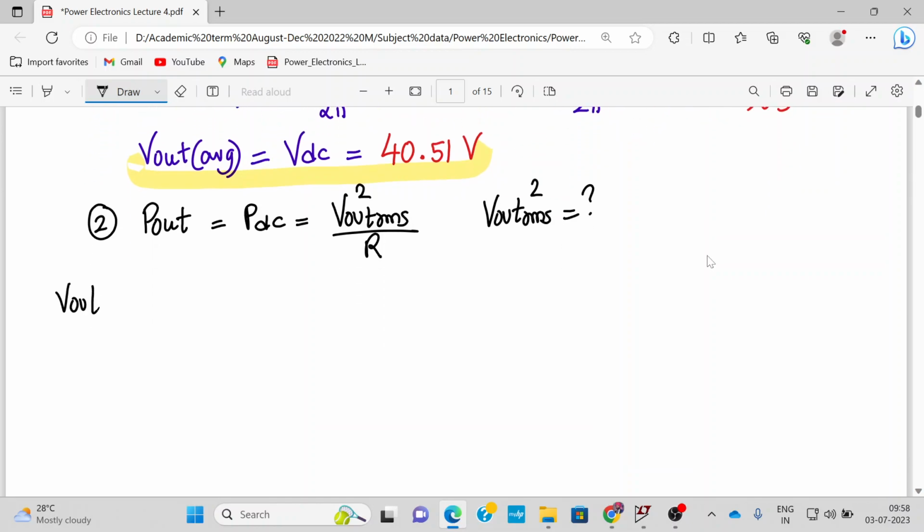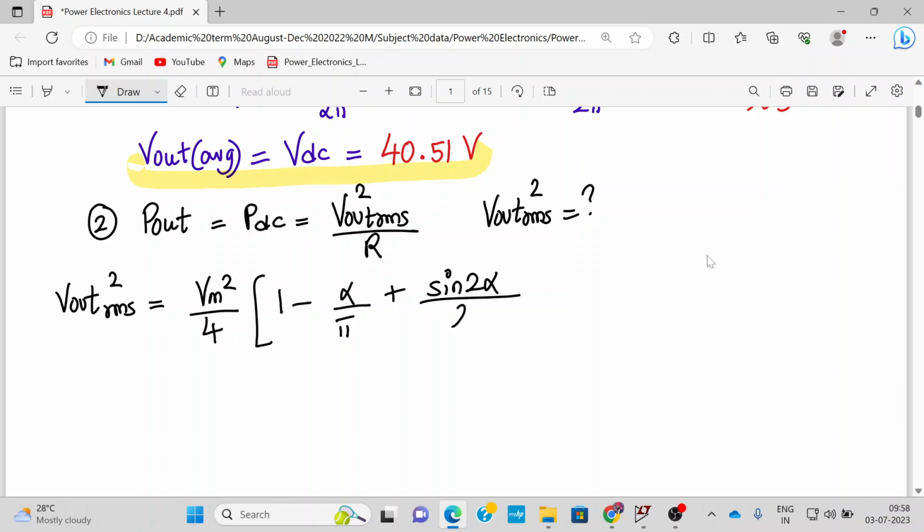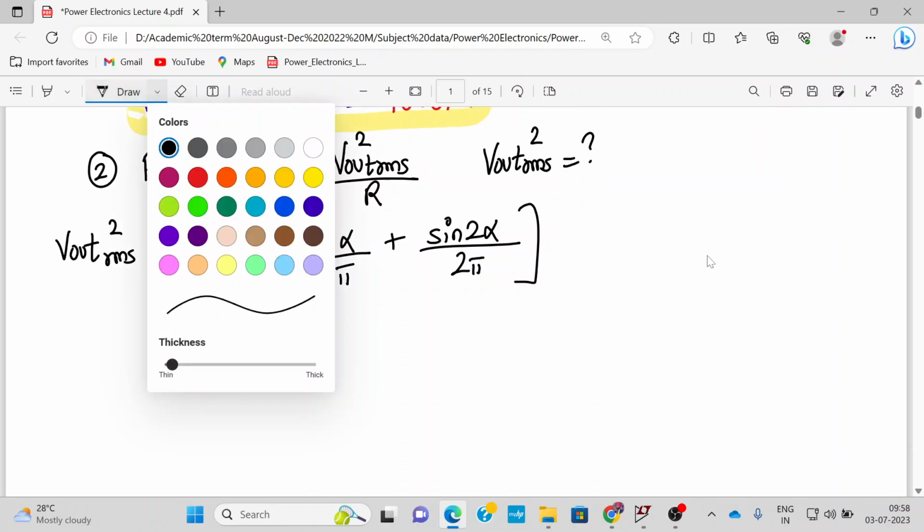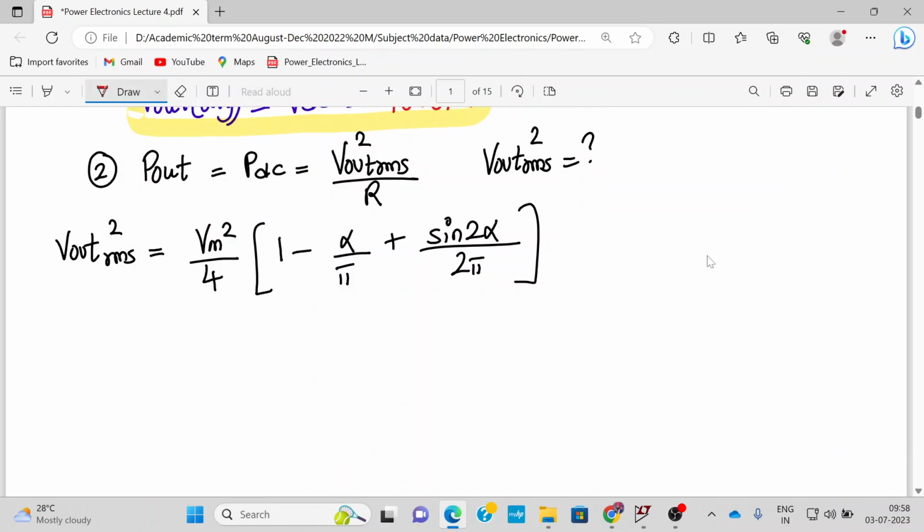The formula is as follows. V out RMS square is Vm square by 4 into 1 minus alpha by pi plus sine 2 alpha divided by 2 pi. So let us substitute the values. One caution we have to take care of is that this alpha over here alone has to be entered in radians.